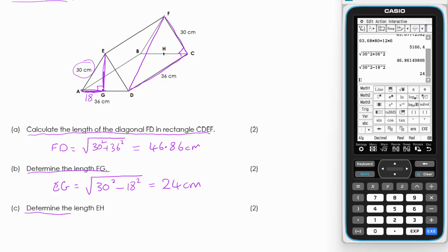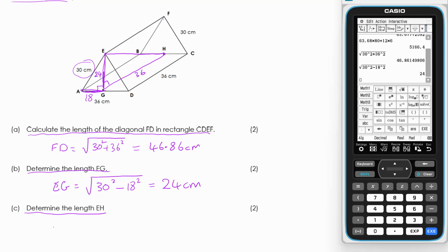We then want to determine the length EH. So EH would be across there. Let's just try to draw that a little bit better. EH would be there, and we would have a right-angled triangle here. We've just worked out EG is 24, and this length here is 36.